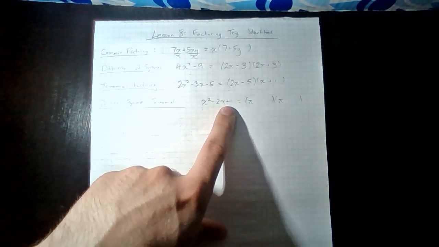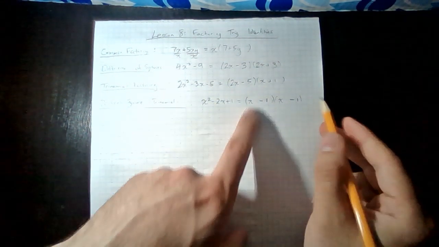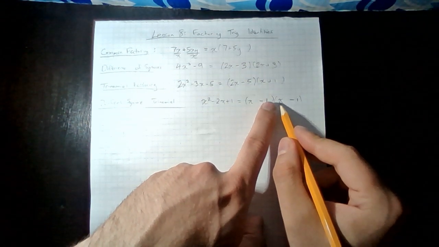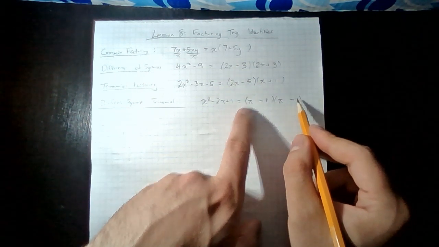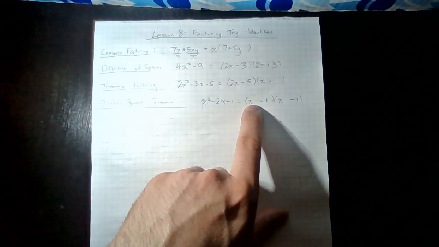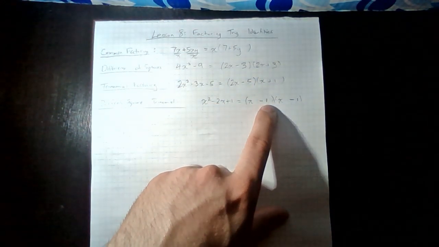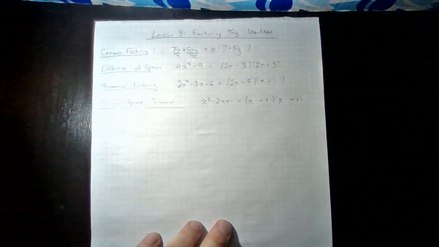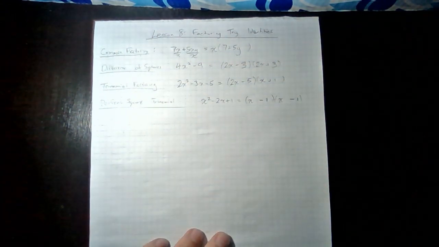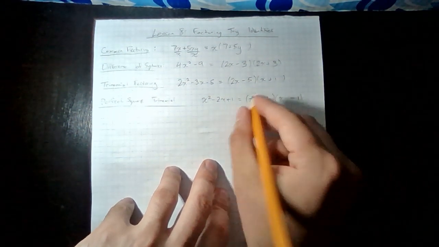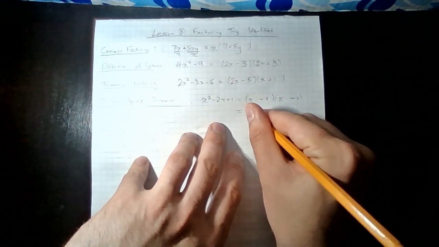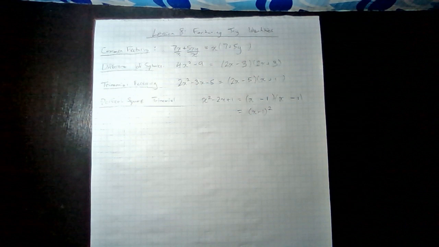We need to multiply either positive 1 and positive 1 or negative 1 and negative 1, and we know it needs to be negative because of our middle term, and that negative 1x gives us the negative 2x. So that middle term is the first part of the bracket times the second part of the bracket times 2. It's twice the first and the last in each of those terms. Because they're the exact same, we can rewrite it as a perfect square, x minus 1 squared.